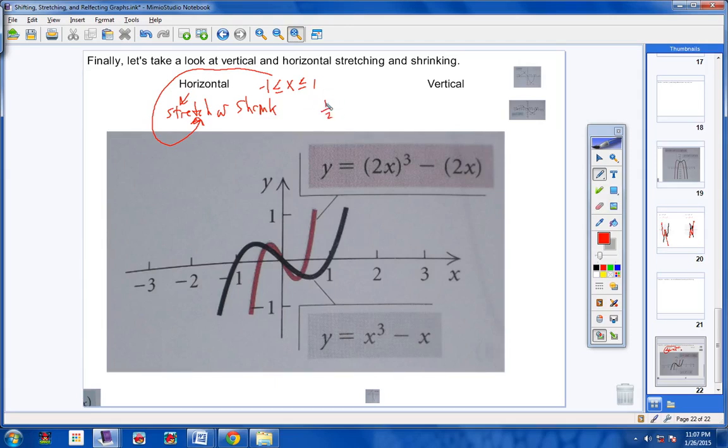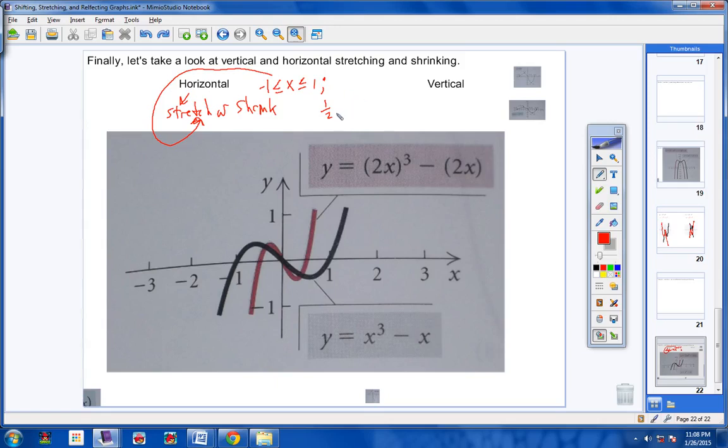And by the way, x could not equal 0. You really don't need to make note of that. That's common sense, guys. If x was 0 and you multiplied everything by 0, you'd have nothing left but y equals 0. Okay, so that just goes without saying. But anyways, it seems a little weird because all the numbers between 1 and -1 are 1/2, -1/2, 2/3.